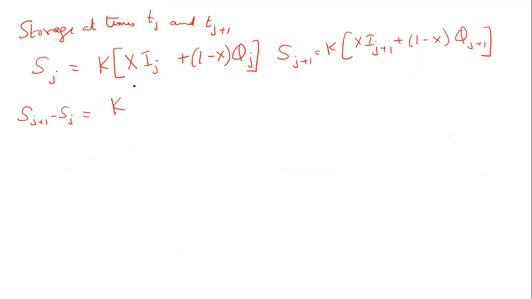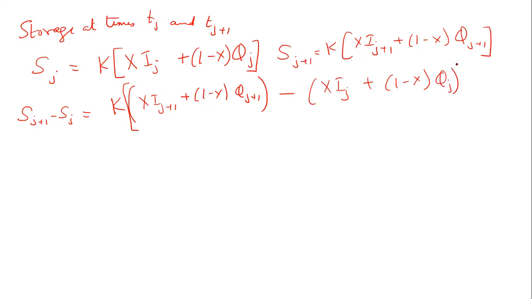So it will be K times [X I j plus 1 plus (1 minus X) Q j plus 1] minus [X I j plus (1 minus X) Q j]. You can take the K out as a big overall multiplying factor. The K is the only term that I've taken all the way out of the entire thing. So this is one expression that we are getting.